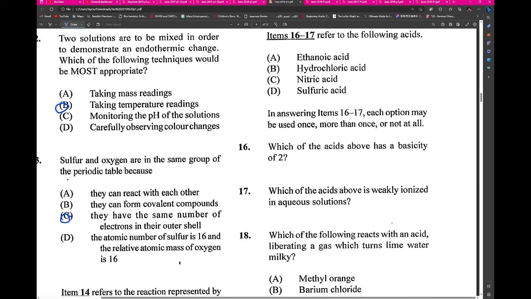Okay, so which of the following acids above has a basicity of 2? That's a weird way to say it. Shouldn't it mean an acidity of 2?